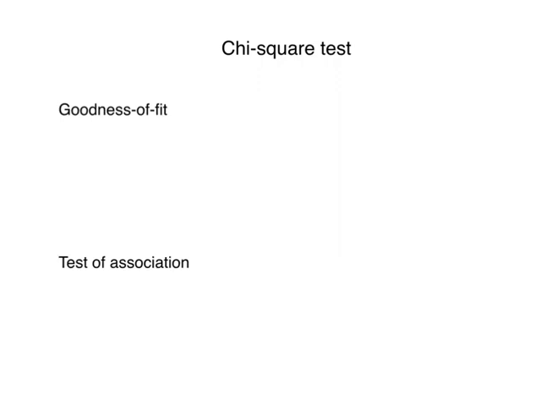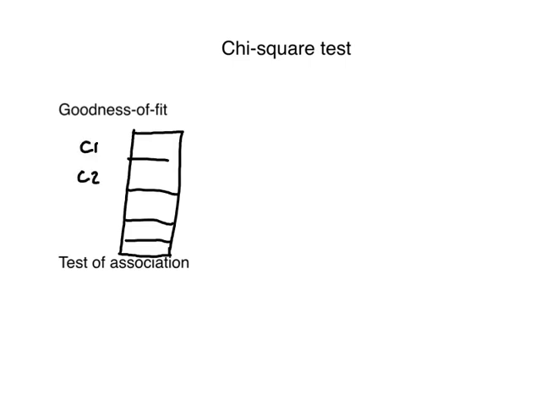Now, in a chi-square test, in a goodness of fit test, again we have just simply one observation. We have different categories, and we can have as many categories as we want. So C1, C2, C3, C4, and so on.